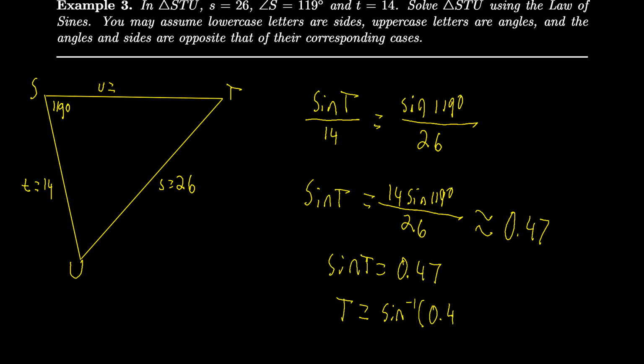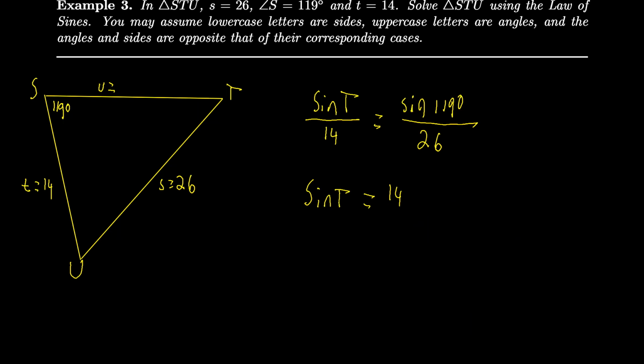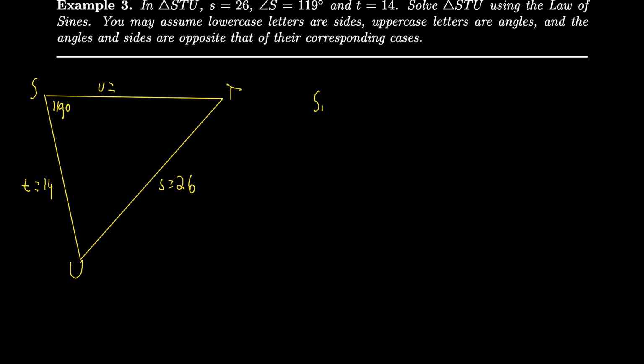So remember 28.1 degrees. Well, I'll go ahead and erase all this. Remember 28.1 degrees. So we knew that that was 28.1 degrees. But we know that angle U is just 180 degrees minus 119 degrees minus 28.1 degrees.